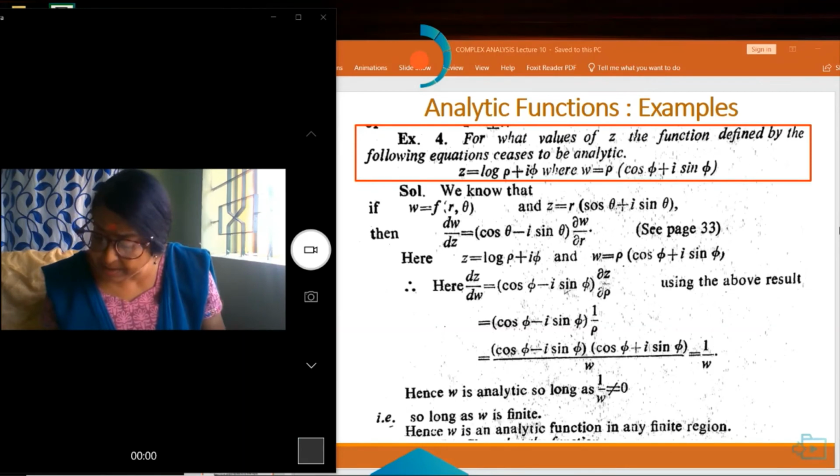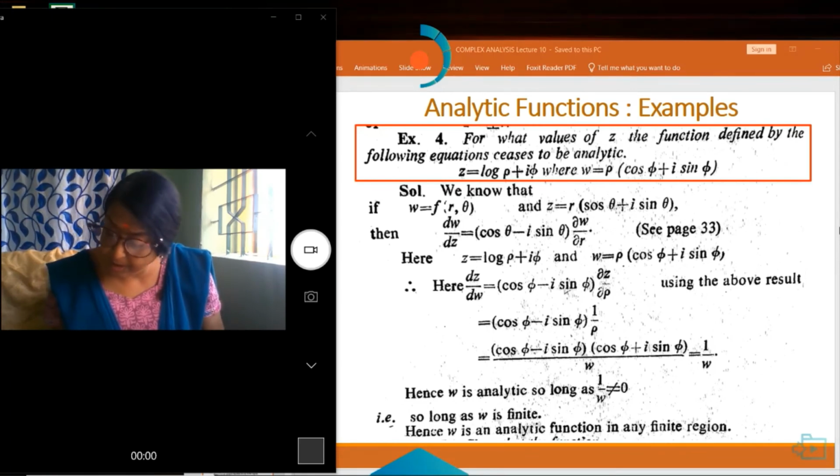Then dz/dw = (cos θ - i sin θ) ∂z/∂r, which is in polar form.